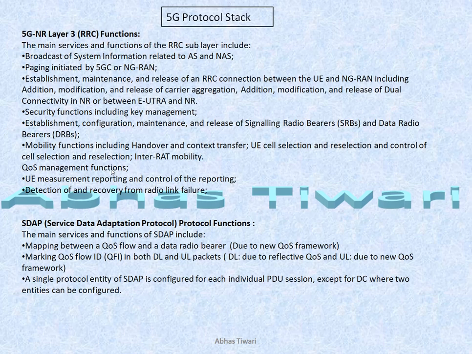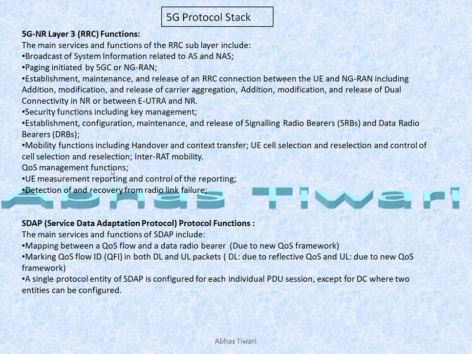The main concept introduced in SDAP is your QFI, the QoS flow ID. This is the main concept. You need to study about this in detail because this is the base of the SDAP protocol.